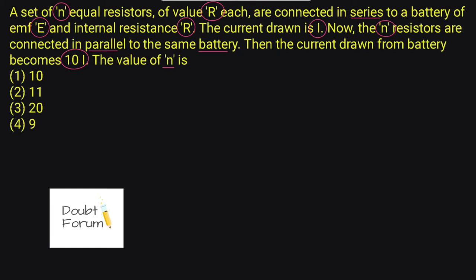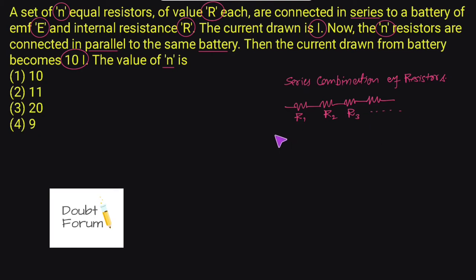So before I solve this problem, I just want to mention a few concepts or formulas. When resistors are connected in series, suppose there are n number of resistors connected in series. The value of the first resistor is R1, the second resistor is R2, the third resistor is R3 and so on.